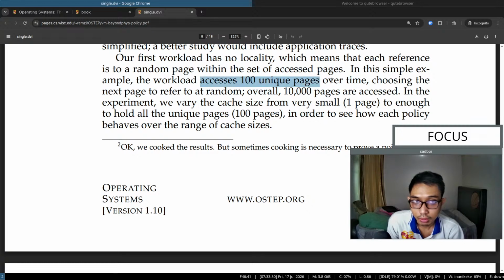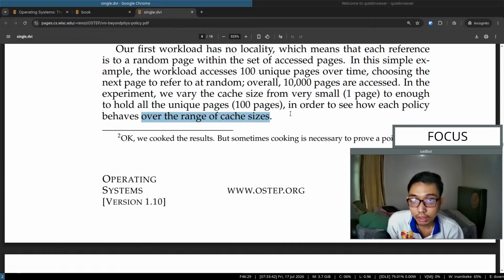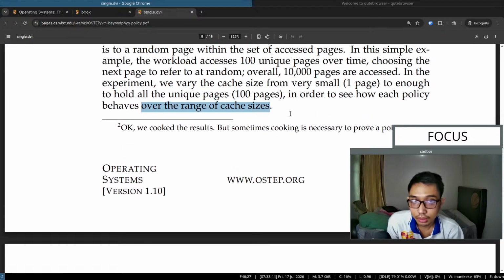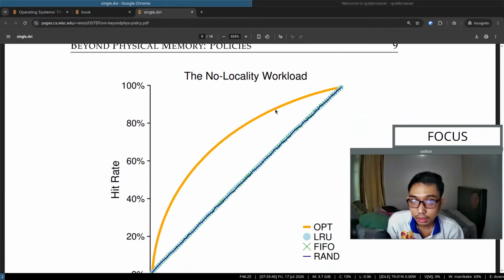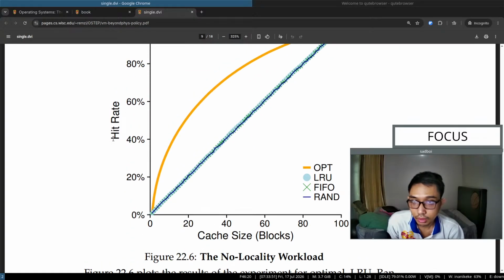We are accessing 100 unique pages over time in order to see how each policy behaves over the range of cache sizes. The no-locality workload. This is the hit rate, and this is the cache size.